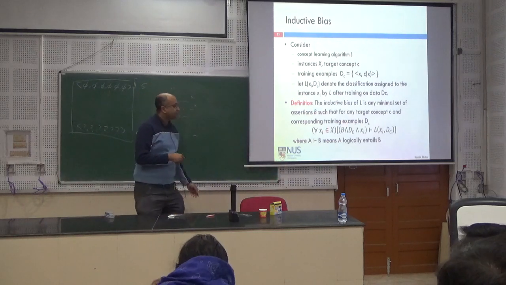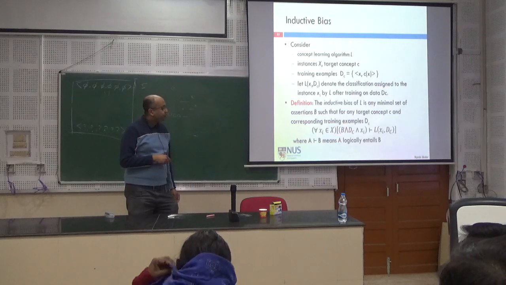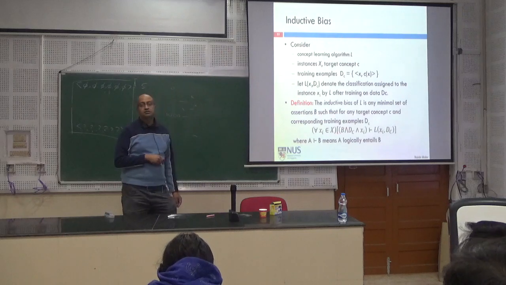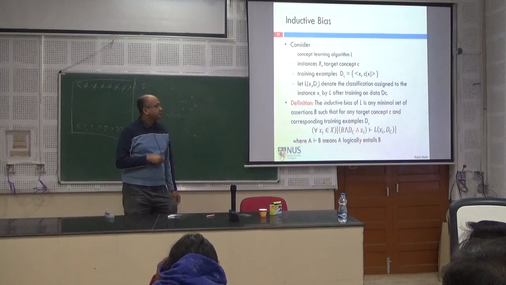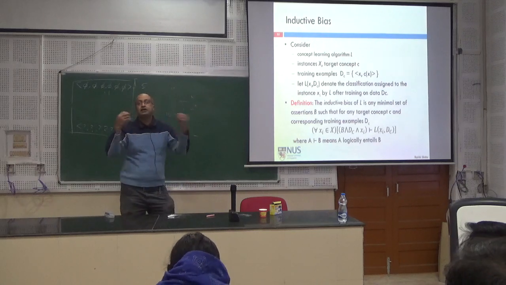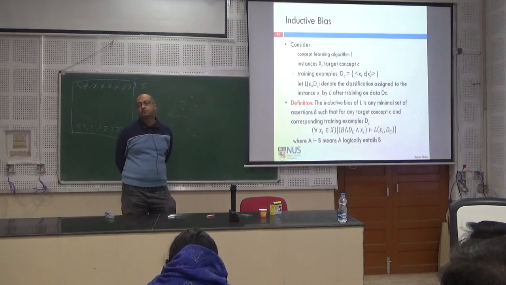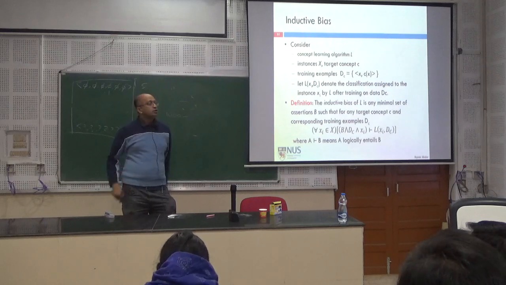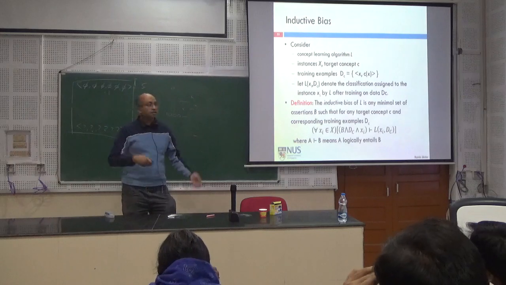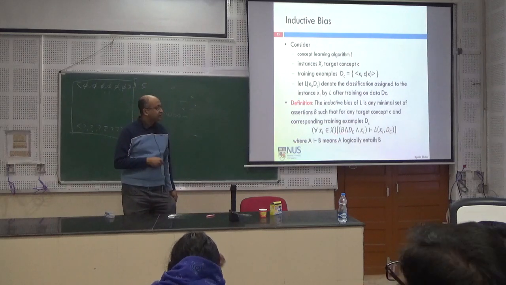So what bias says is, what extra set of assumptions or assertions do I need so that I will be able to figure everything out? I will really get the actual rule or concept. So to my current set of rules or current set of assumptions, what extra thing do I need to add, this B?